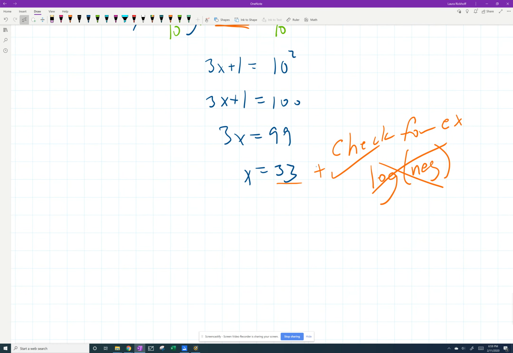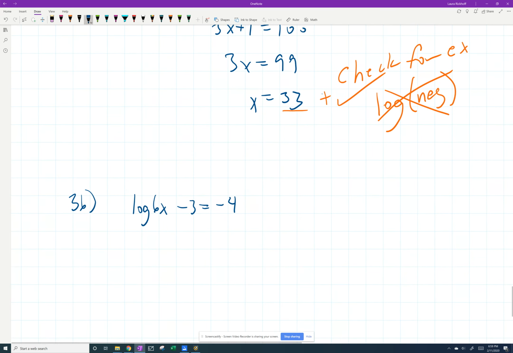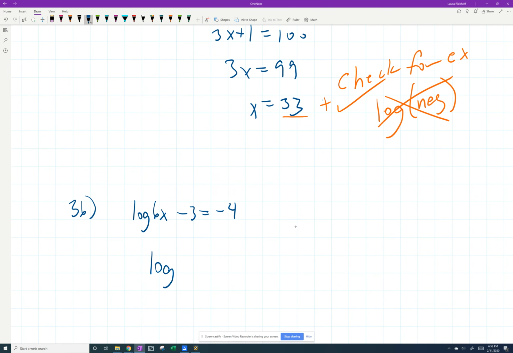Okay. Let's see. What else have they got here? I had something like 36. They've got log of 6x minus 3 is negative 4. So I would just get that log alone first, add the 3 to both sides.